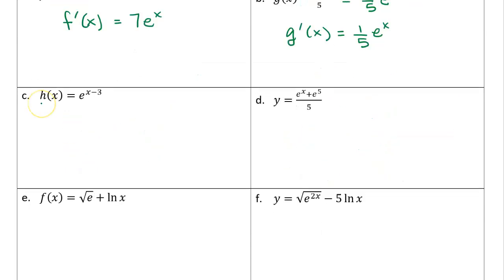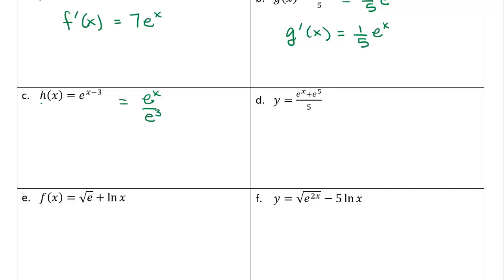All right, so this next one's a little more challenging. We have e to the x minus 3. So that whole x minus 3 is in the exponent. Now we have to use the properties of exponents to rewrite this. And if you recall, we can rewrite this as e to the x over e cubed, right?